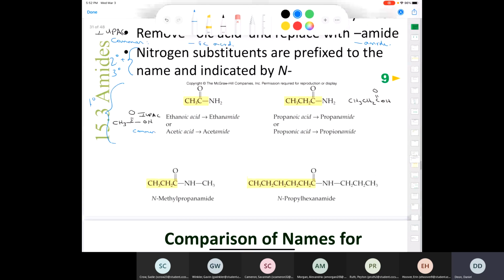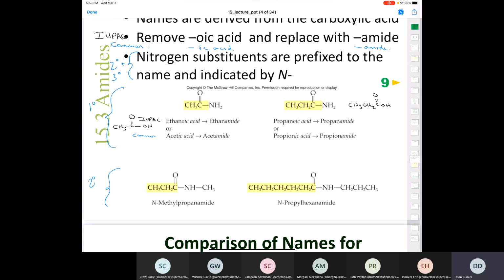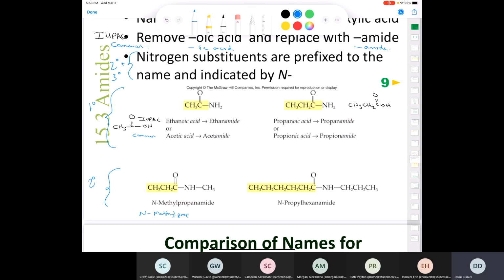When you get down to both of these, which are both secondary amides, since we have just one methyl group, we call it N-methyl propanamide, because we've got 3 carbons in the parent. That's the IUPAC name. The common name would be, and it's not listed here, N-methyl propionamide.